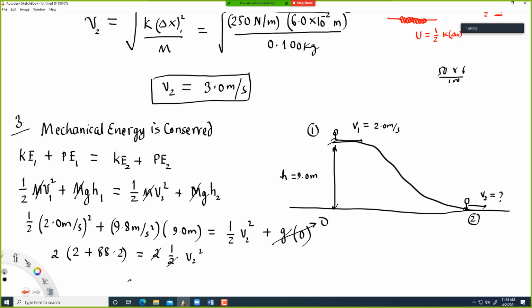And then V would be the square root of 2 times 90.2. Is that 13.4?